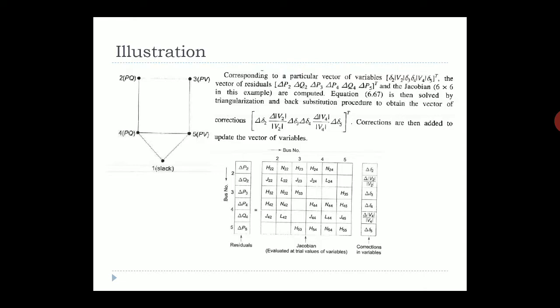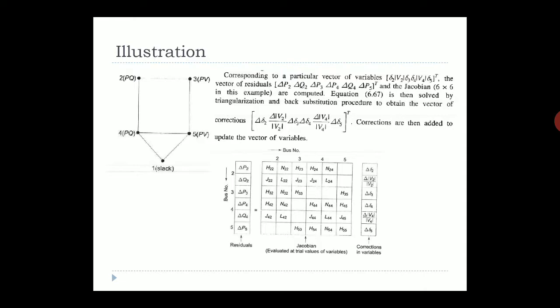Now, coming from the previous discussion of the Newton-Raphson method, let us first see that we have a 5-bus system. Of the 5-bus system, there are 2 PQ buses and 2 PV buses.